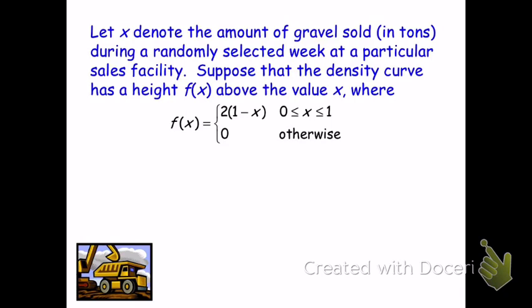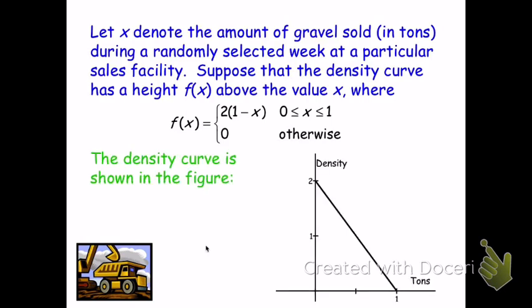Here's my piecewise function, and if it wanted you to graph that, it would look like this, where my y-intercept is at 2. It has a -2 slope. So here's my density curve. It's just a value between 0 and 1, and I could find anything between 0 and 1. I could find the area under that shaded curve.